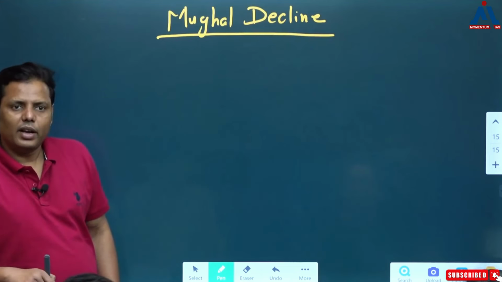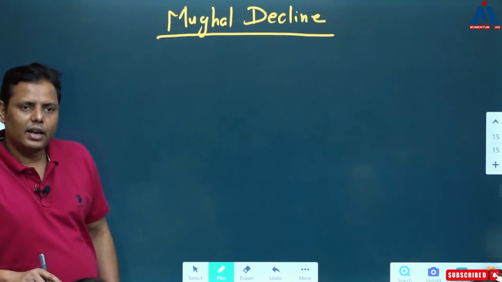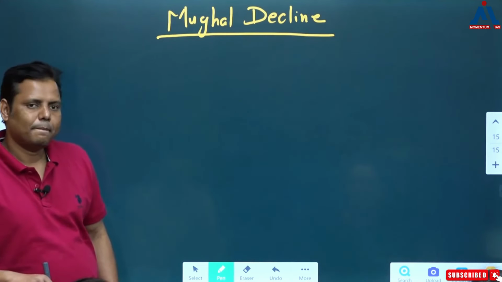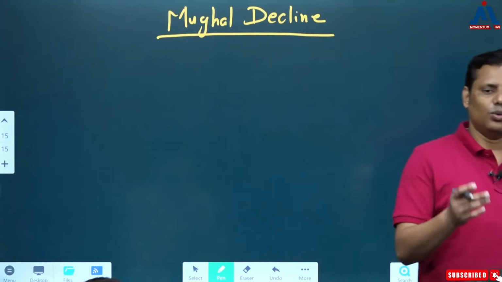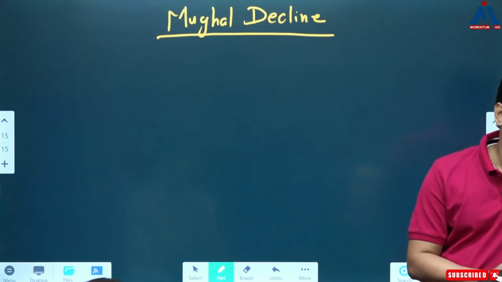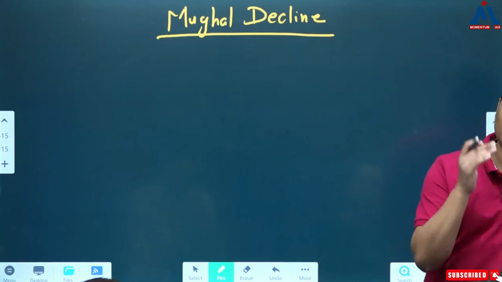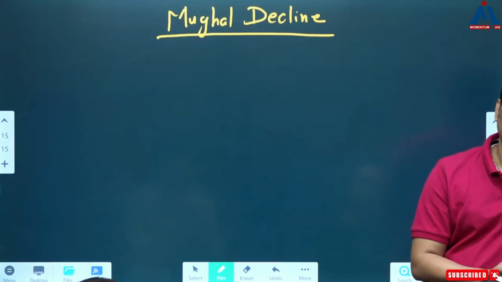But in 1739, when that person invaded India, who was he? Nadir Shah. When Nadir Shah invaded India, whatever remaining powers were there with the Mughals also got finished. And after that, there was no meaning of the presence of Mughals at all in India, and that's how we talk about the Mughal decline.